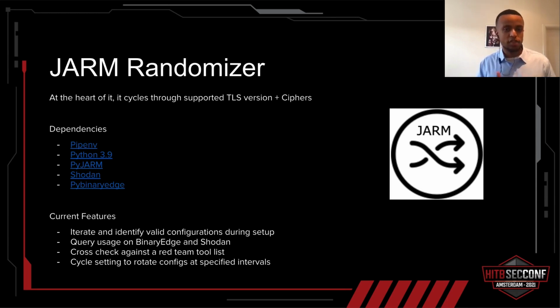Thirdly, you can cross-check these specific JARMs against a known red team tool list to make sure that you're not using the ones that have been associated with public command and control tools. And finally, it gives you the ability to cycle through or rotate configurations at specific intervals so you make sure you have a different JARM fingerprint at the desired time interval.